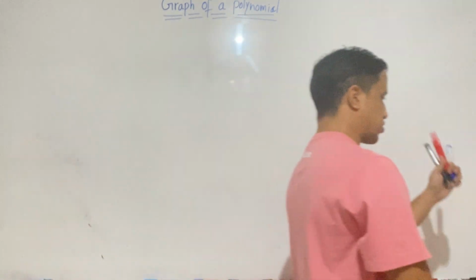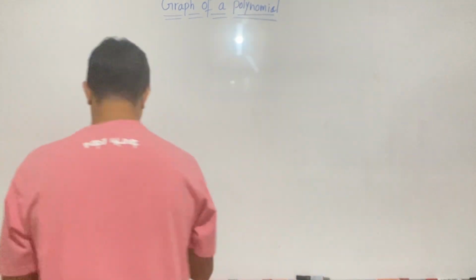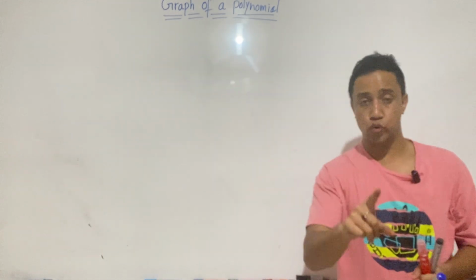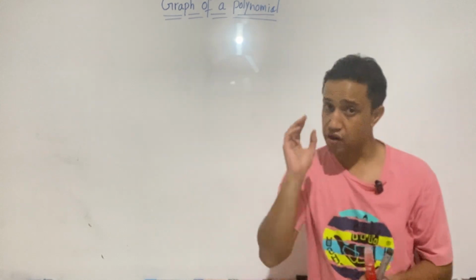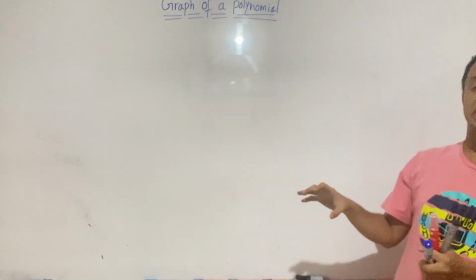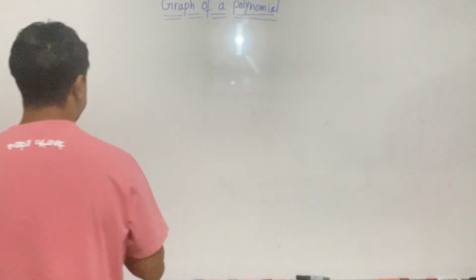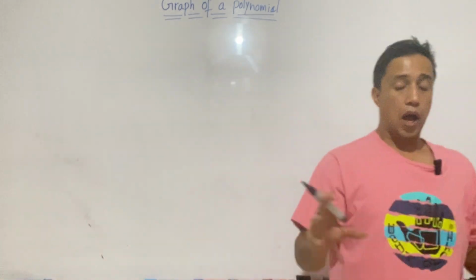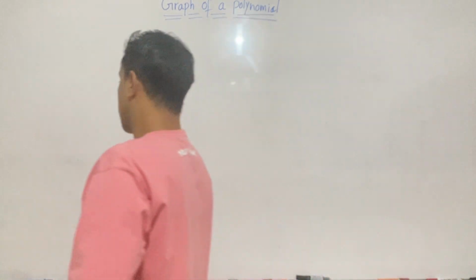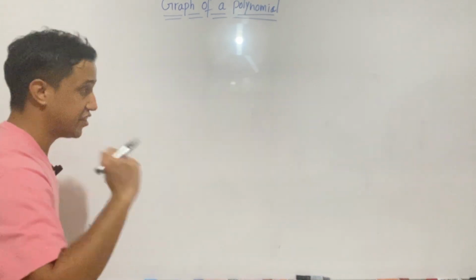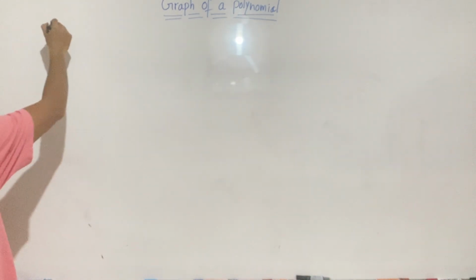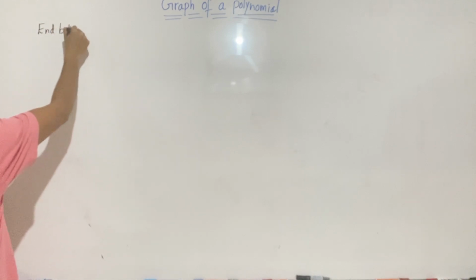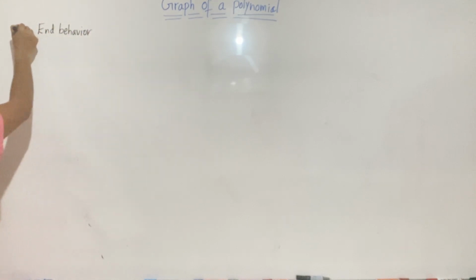Okay, before we start the graph of the polynomials, we just have to know a few things, because those things are very important to sketch the graphs. Whenever we want to draw or sketch the graph of any polynomial, we need to know three things. I will write it here: number one, end behavior.